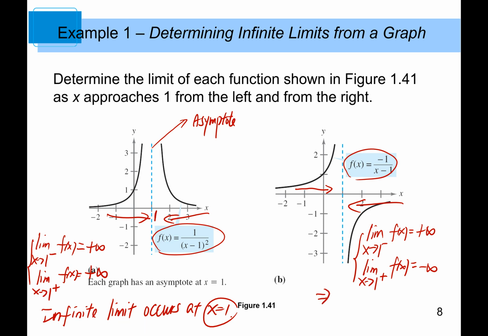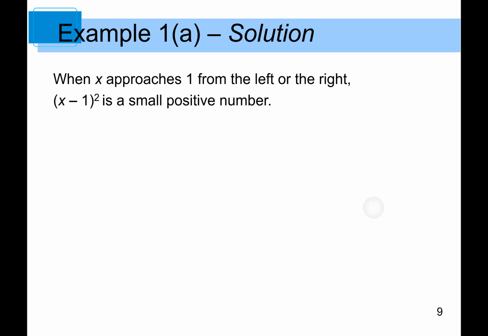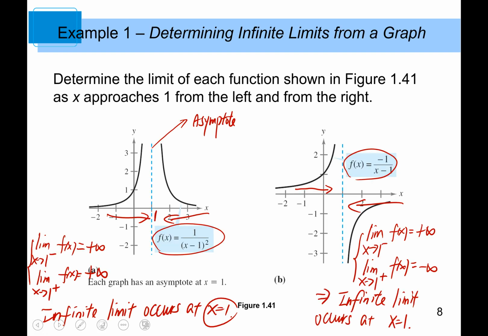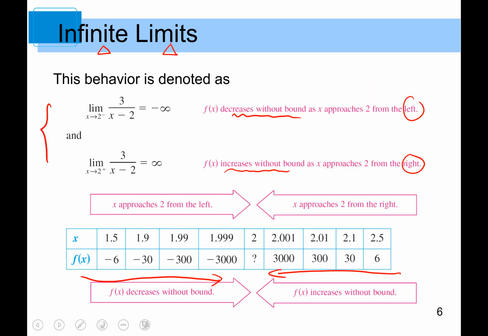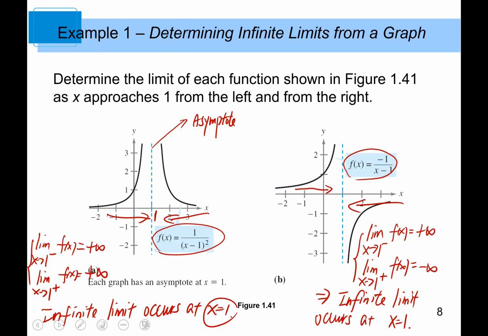So an infinite limit occurs at x equals 1 as well. Both of these have the asymptote we are talking about.